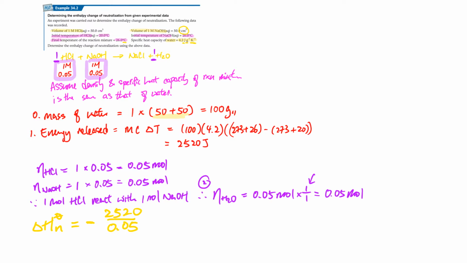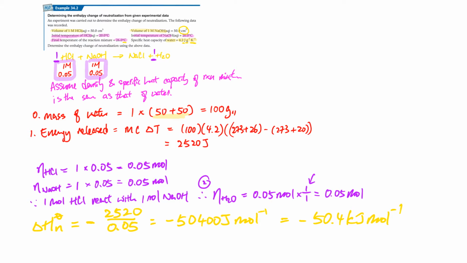This one will get up to around negative 50,400 joule per mole. If I convert to kilojoule, that will be negative 50.4 kilojoule per mole.